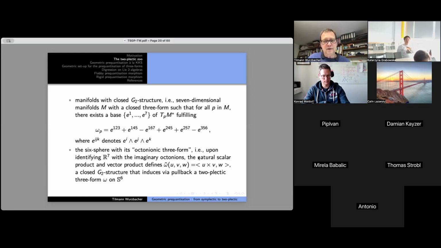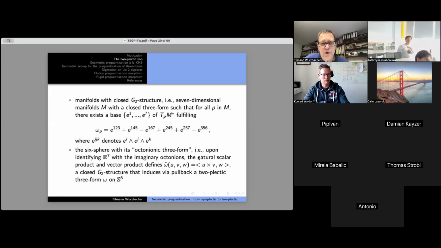It relates to the question of which division algebras you have over R. So you have the quaternions and the octonions, and the quaternions are of dimension 4. The imaginary quaternions are R3, the octonions are R8, and the imaginary octonions are R7, and both have a vector product.